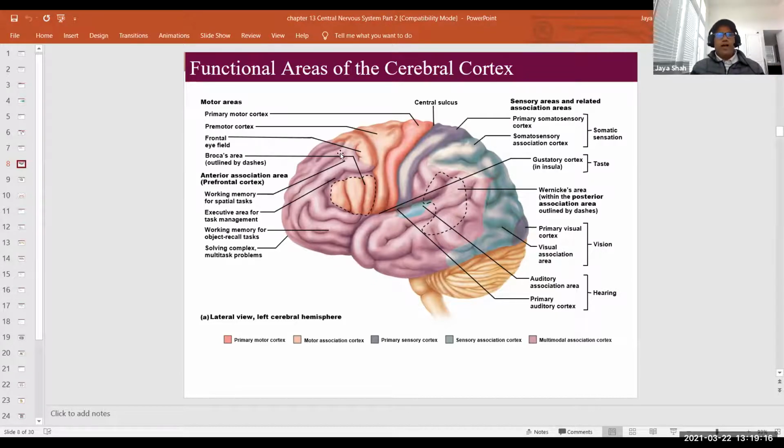Then you have the frontal eye field, which works with the visual area. And here is Broca's area. Broca's area is called the speech area. As I said, when you hear a sound, like I say, what are the parts of the central nervous system, you hear that first, then it comes here to Wernicke's area.